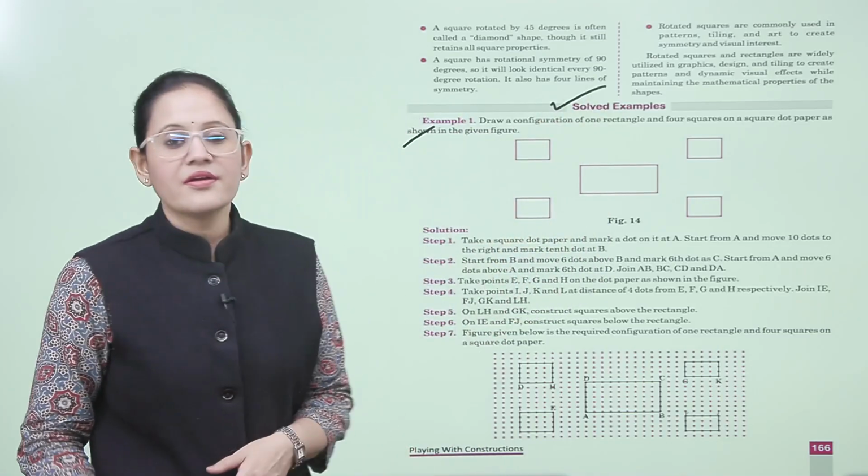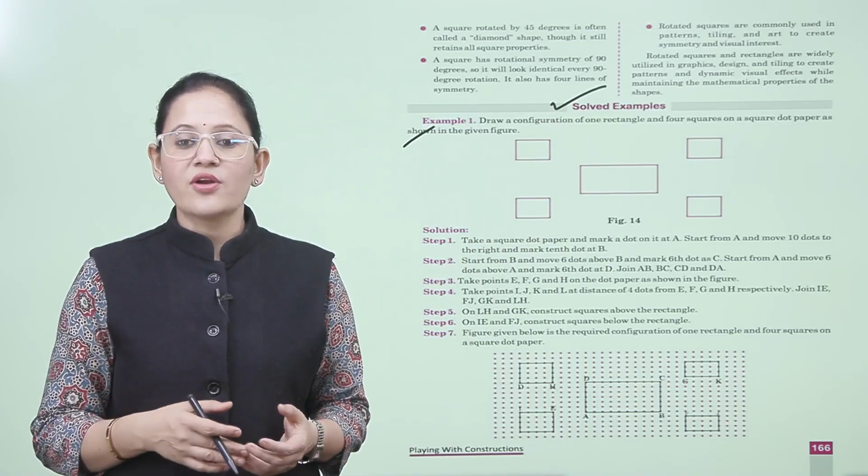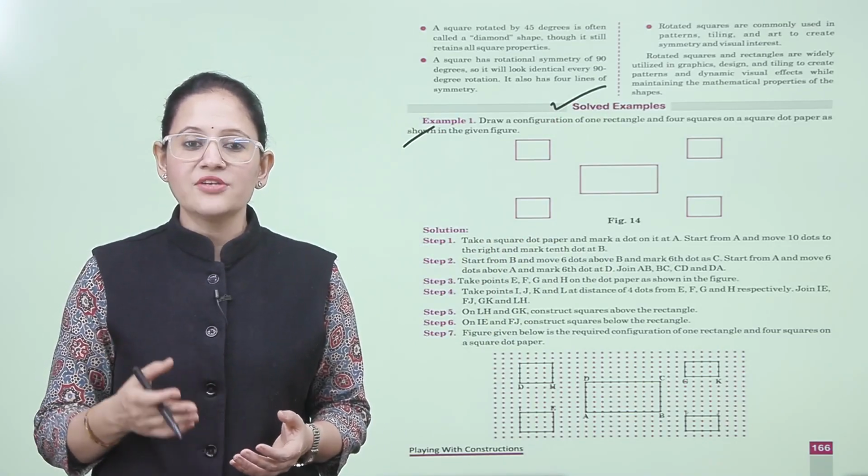Example 1. Draw the configuration of one rectangle and 4 squares on the square dot paper as shown in the figure.